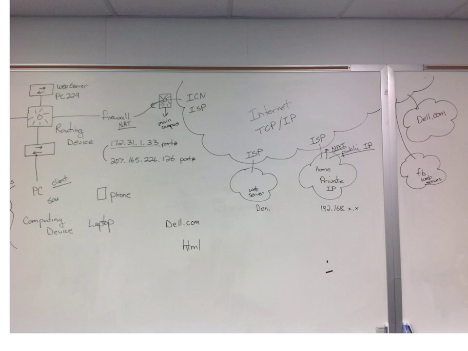One more page here, kind of look at the whole picture. So, the computer uses DNS to get an IP address for some website, then it uses that IP address to go out through the internet, let's say to Facebook.